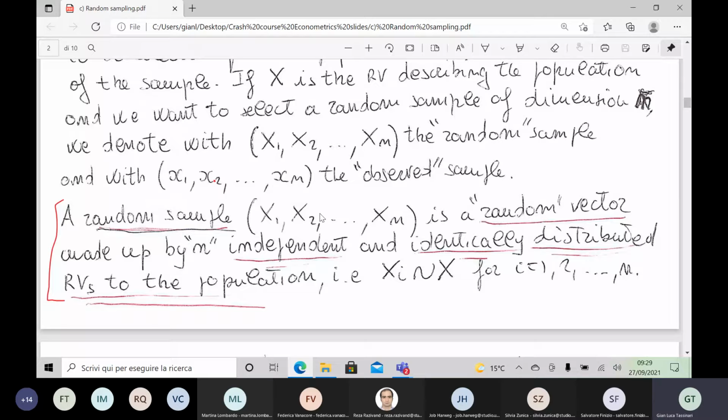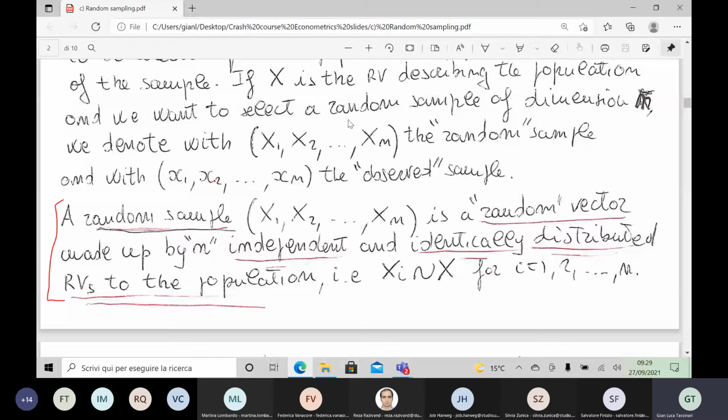That is, the distribution of x1 is the same as x2, which is the same as xn, which is the same as x. And this is the very important concept. By using this concept, we will derive in this lecture the distribution of some statistics which are very important in inference.